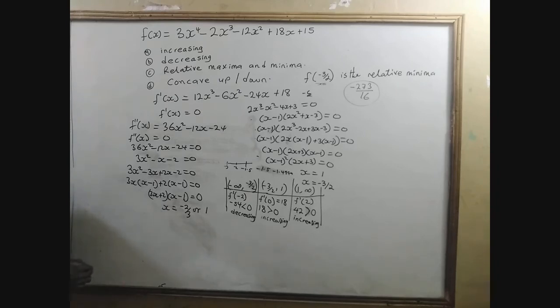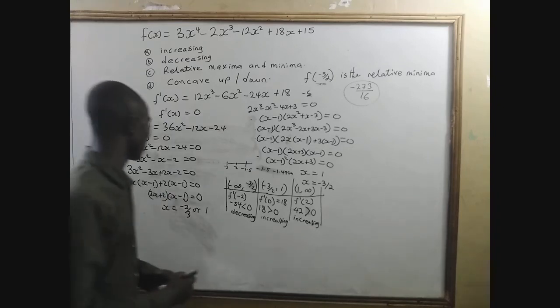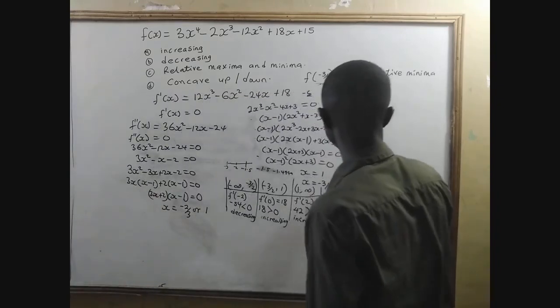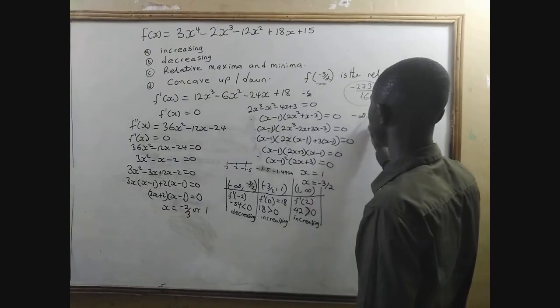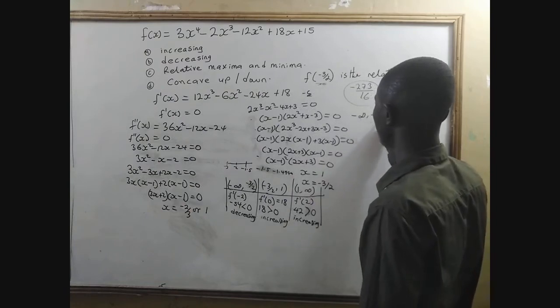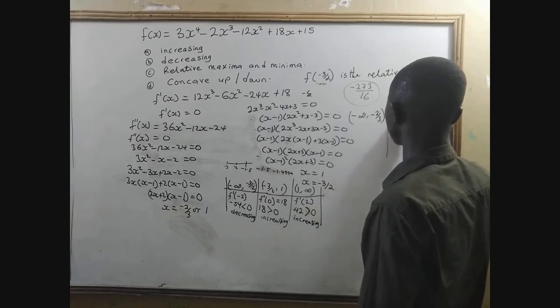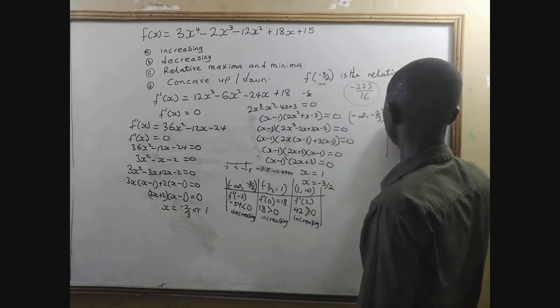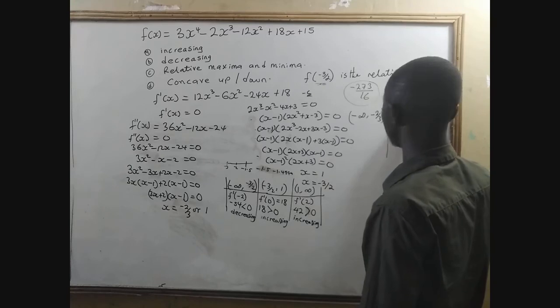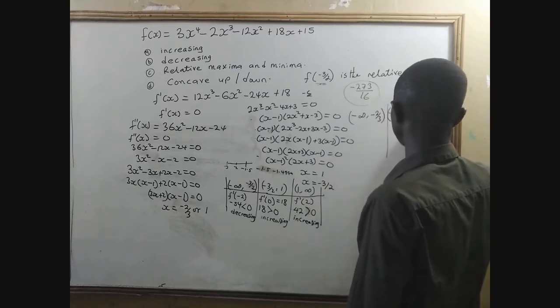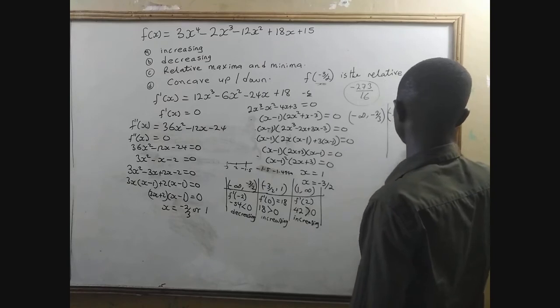So this one too will give us intervals. So let's draw the intervals here. It means that we're going to have the interval from negative infinity to negative 2 on 3, and then negative 2 on 3 to positive 1, and then the interval from positive 1 up to positive infinity.